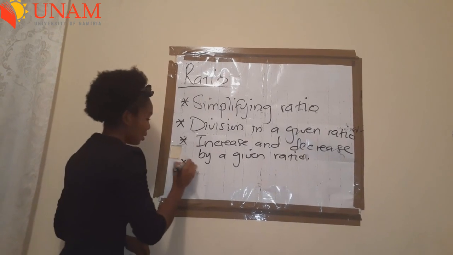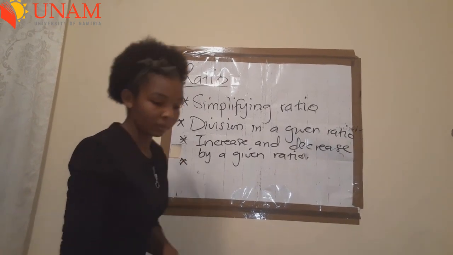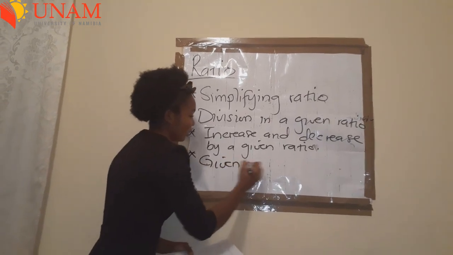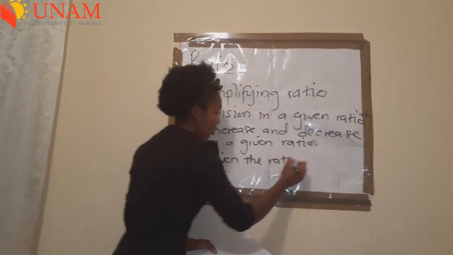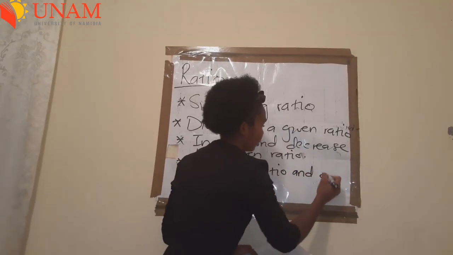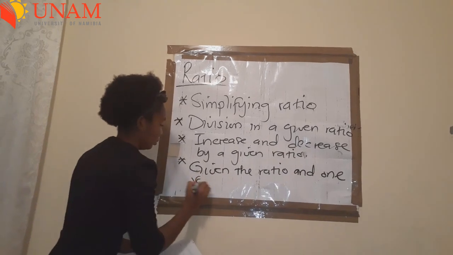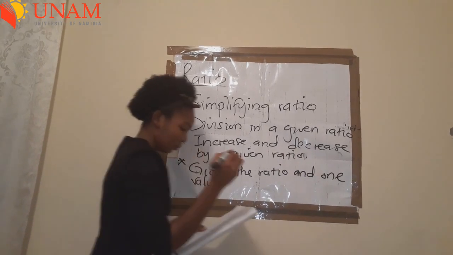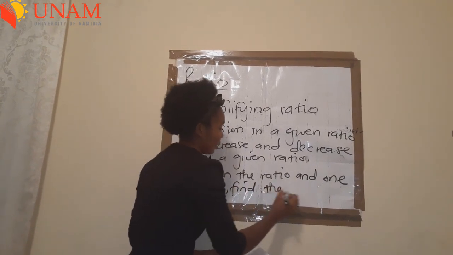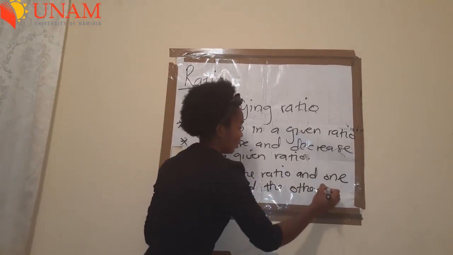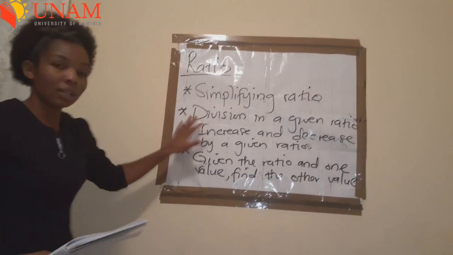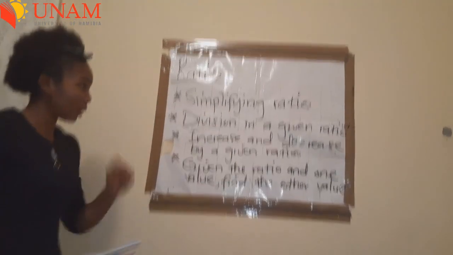And the last one is, given the ratio and one value, find the other value. Those are the calculations that are involved in the topic of ratio.